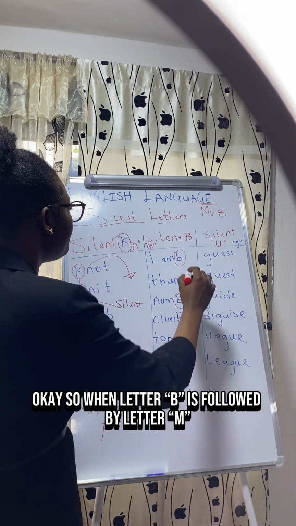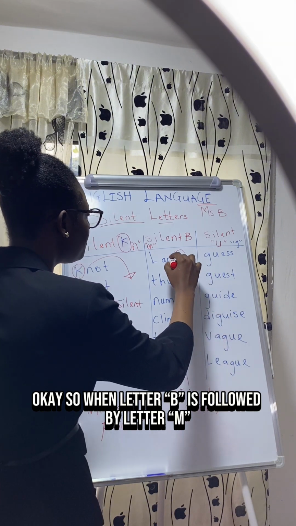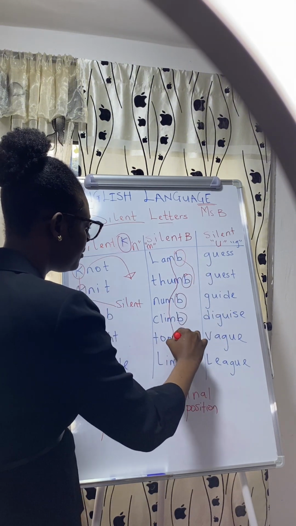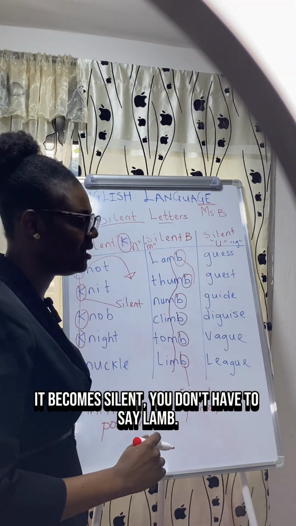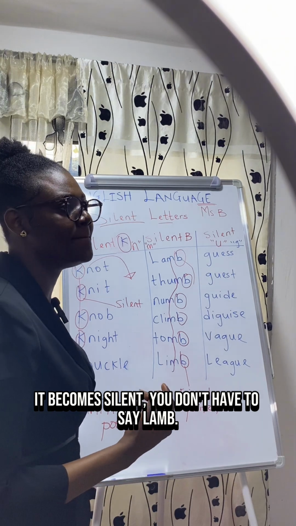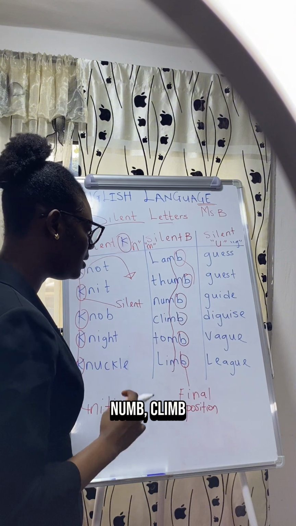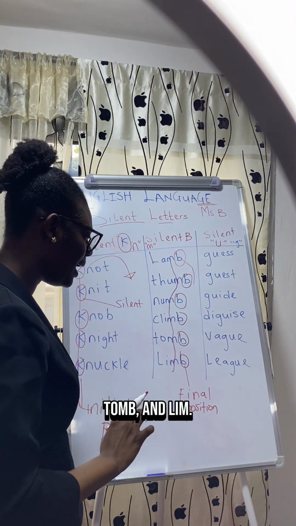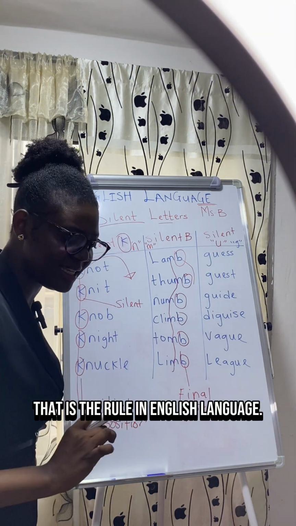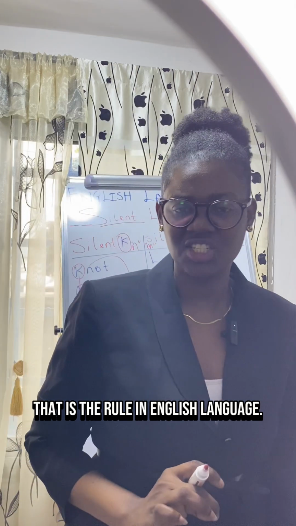So when letter B is followed by letter M, it becomes silent. We don't have to say lamb. No, we say lam, tom, num, clim, tom, and lim. That is the rule in English language.